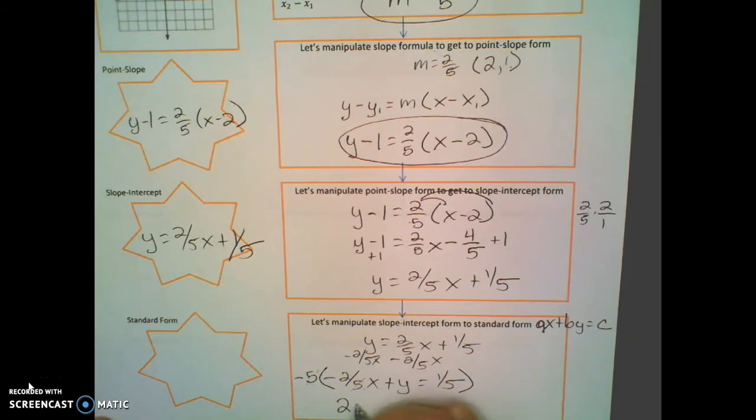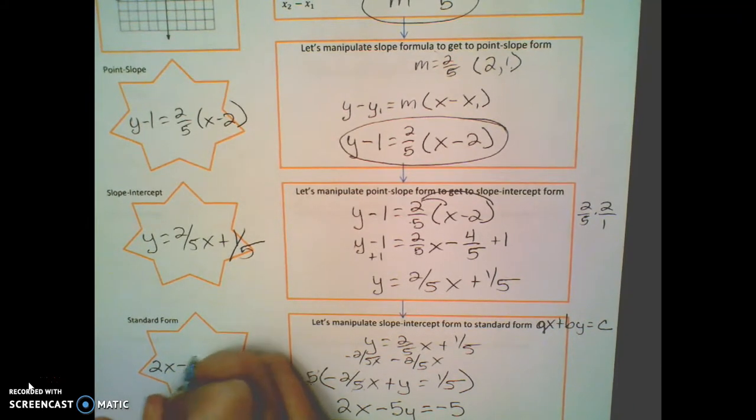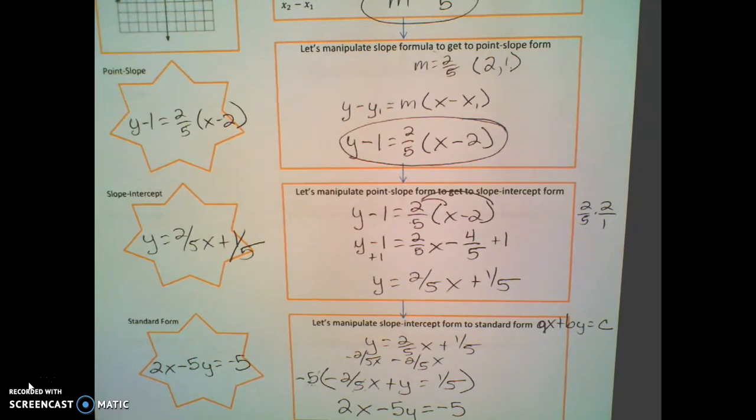So it ends up being 2x minus 5y, because negative 5 times y is negative 5y, equals negative 5 times 1/5, which is negative 5. So our answer is 2x minus 5y equals negative 5. And that's our answer for that one.